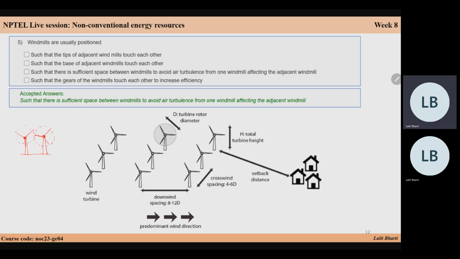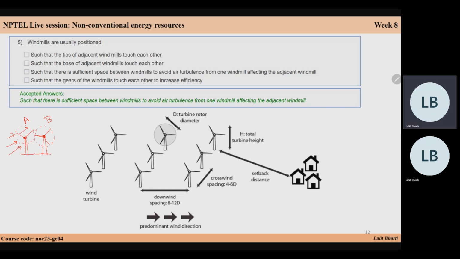But in that case, every windmill will have its own distortion of wind currents. So if air is flowing in this direction, windmill A will distort this wind and its current, and vice versa, windmill B will distort the wind currents.